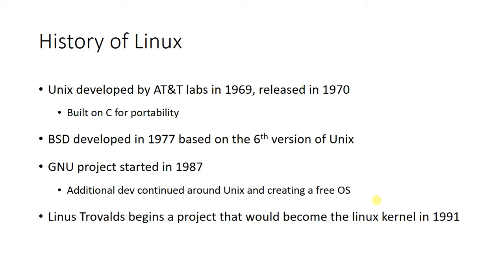Now initially that Linux kernel that was developed by Linus was done in Minix using the GNU C compiler. So again it was based on that C programming language, and it kind of stemmed or sprung from the other development that was happening to take Unix developed by AT&T Labs and make it free.